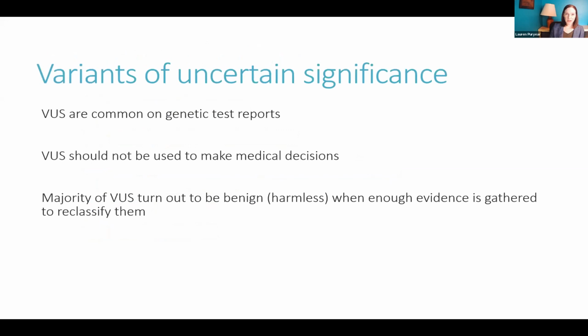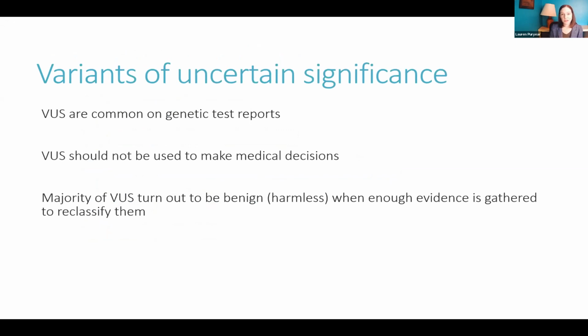I do want to point out that variants of uncertain significance cause people a lot of headaches, as Dr. Byers mentioned. They're very common in genetics. We expect to see them on at least probably 10 or 15% of test reports, if not more, depending on how many genes we're looking at. There's just so much genetic variation between people that we don't understand well enough to know what it means.